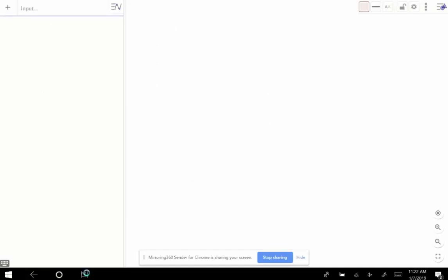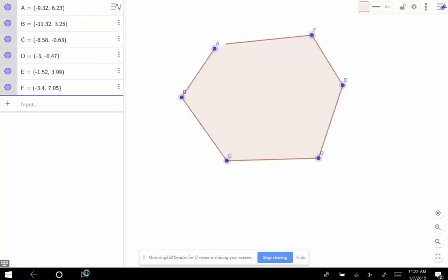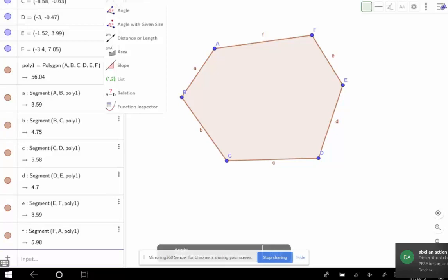Consider this polygon, for example. All right, now I will construct a version of this polygon which is similar to the original one.